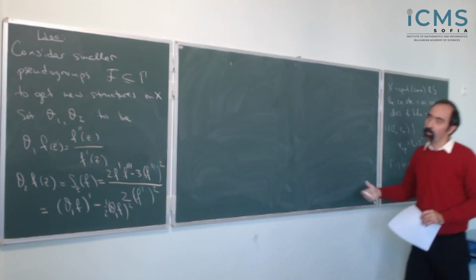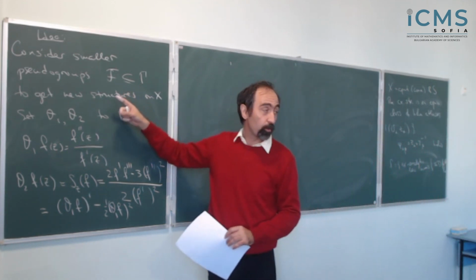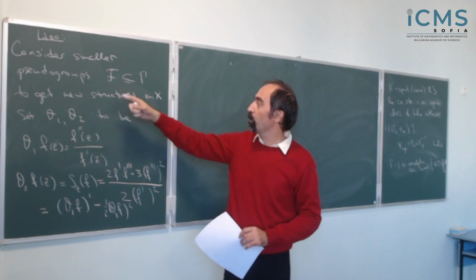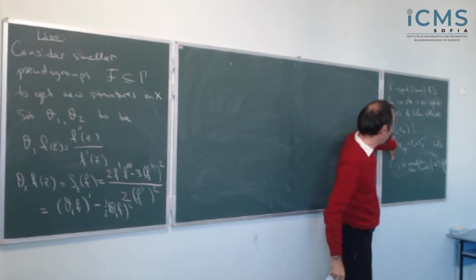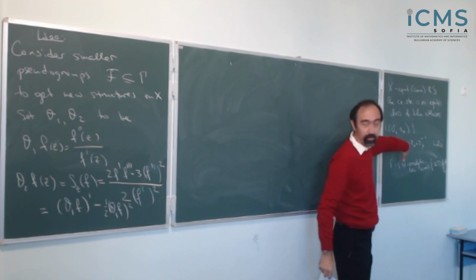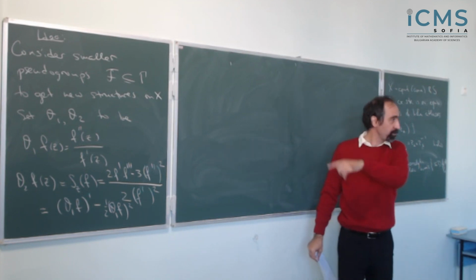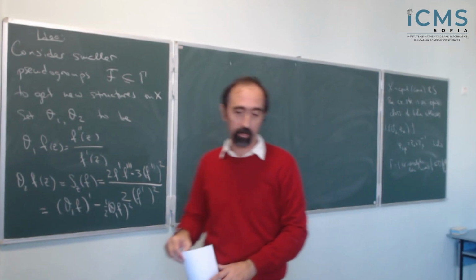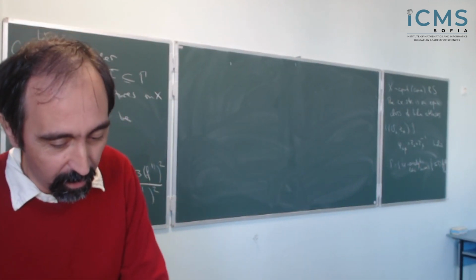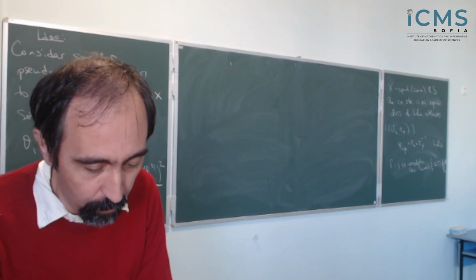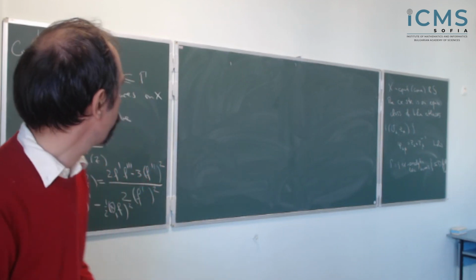So the idea would be to consider on the Riemann surface atlases where the transition functions are annihilated by these theta 1 and theta 2 respectively, right? We don't know whether such a thing exists. This was done.